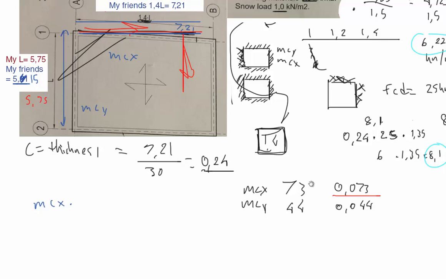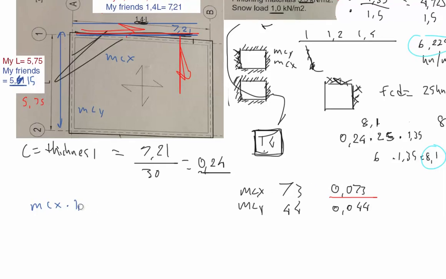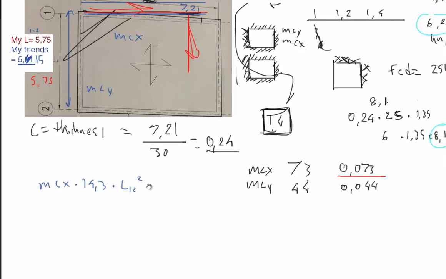What they did was take mcx times 14.3 times L12 squared, that's 12 squared for that one. And if you remember, it's 0.03.